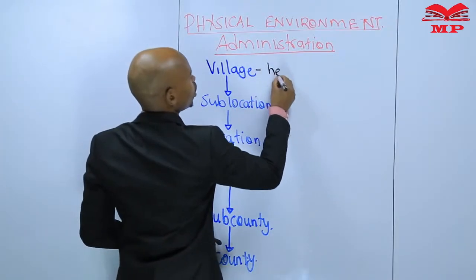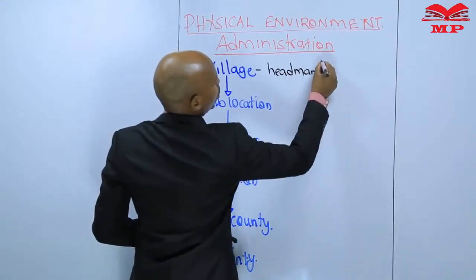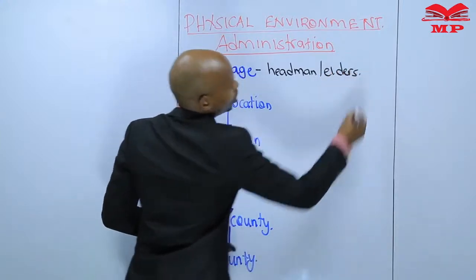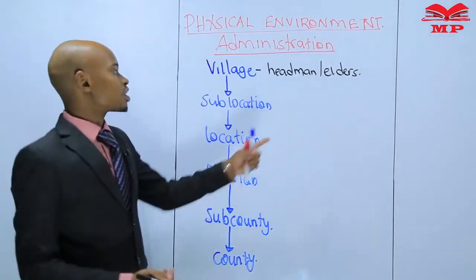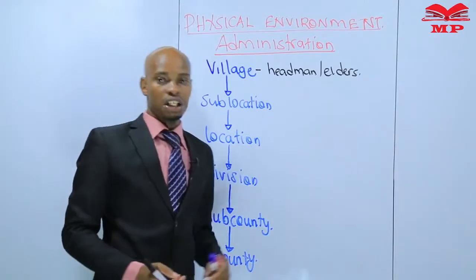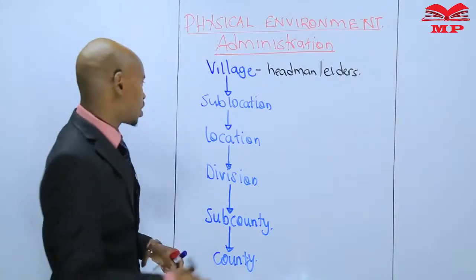This one is a village headman or elders. This one depends on the community. Some communities have village elders, others have village headmen as the people who are in charge of that village.